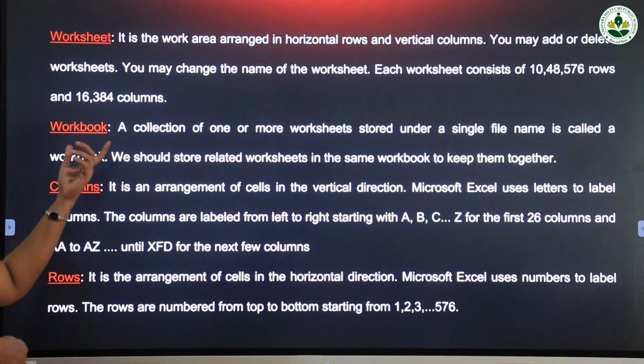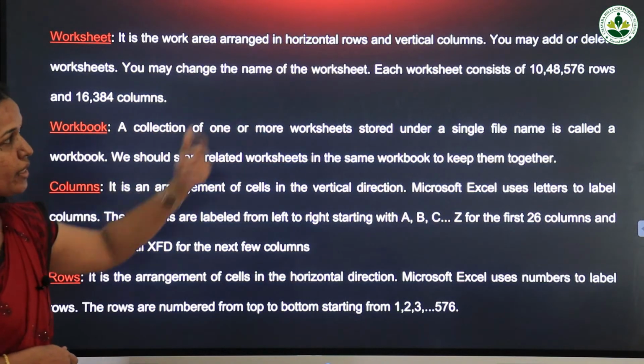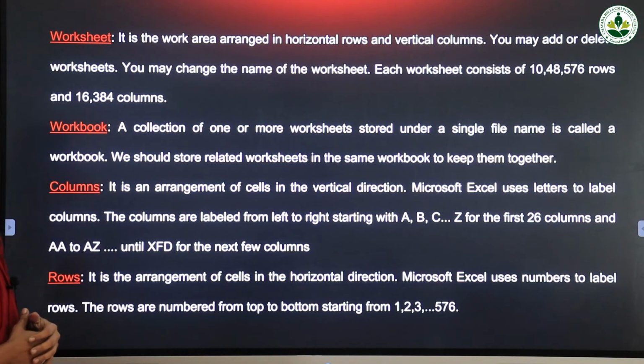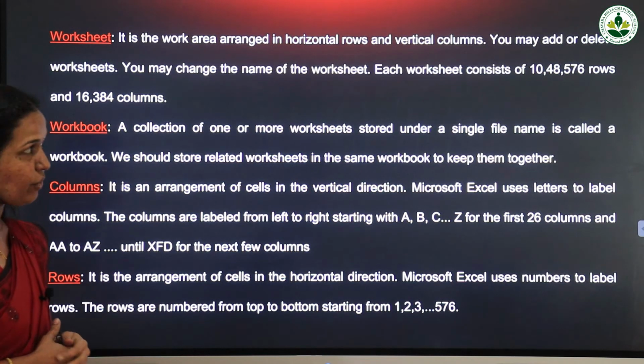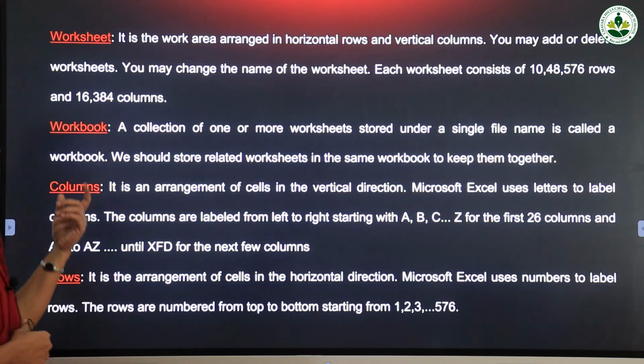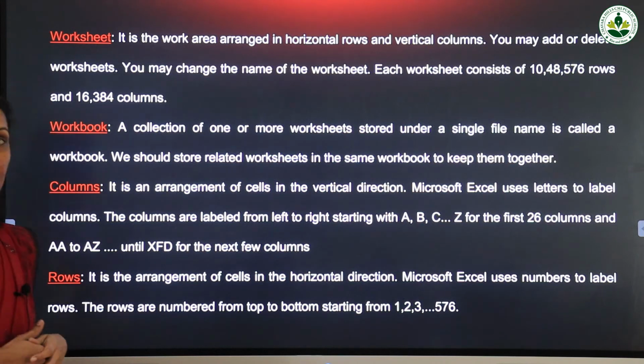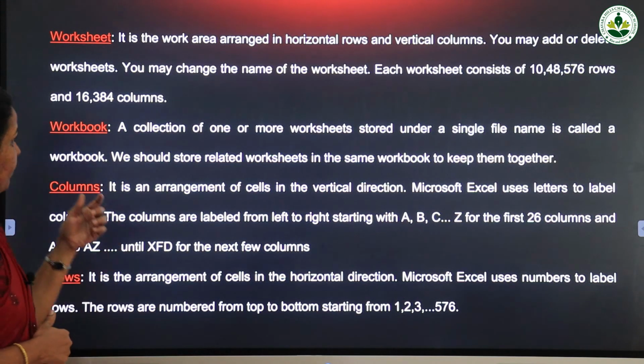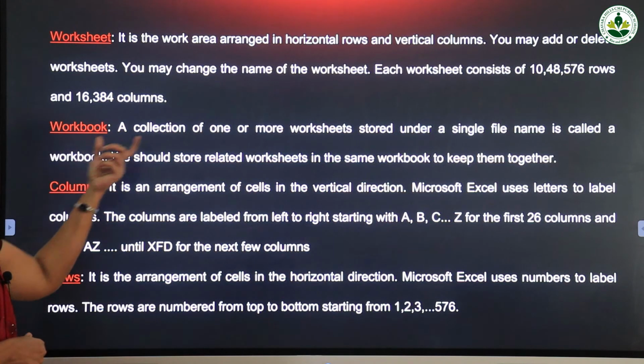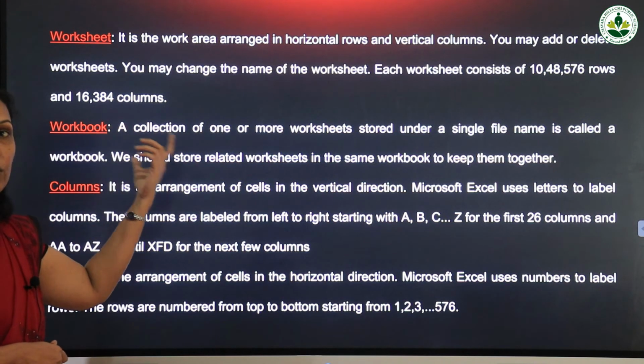Then each worksheet consists of 10,48,576 rows and 16,384 columns. Then workbook, it's a collection of worksheets.